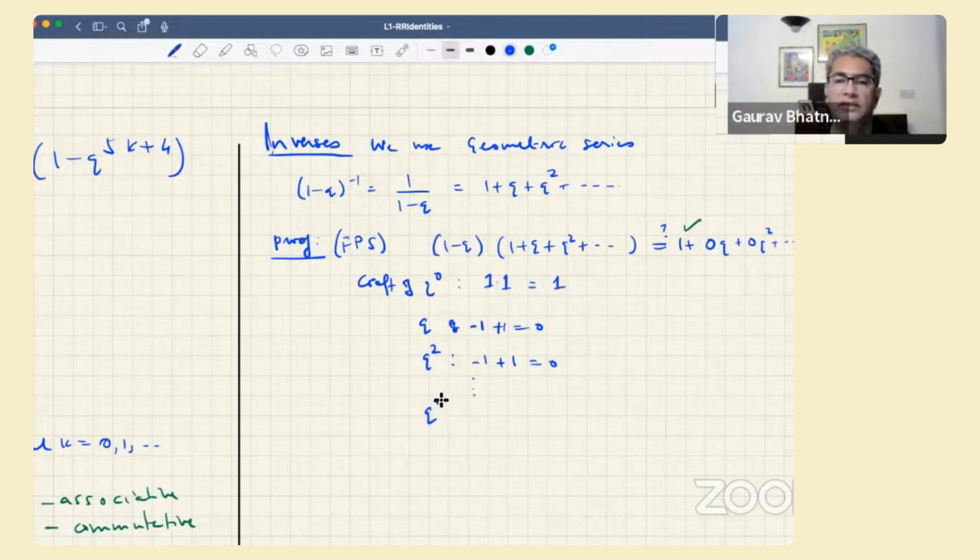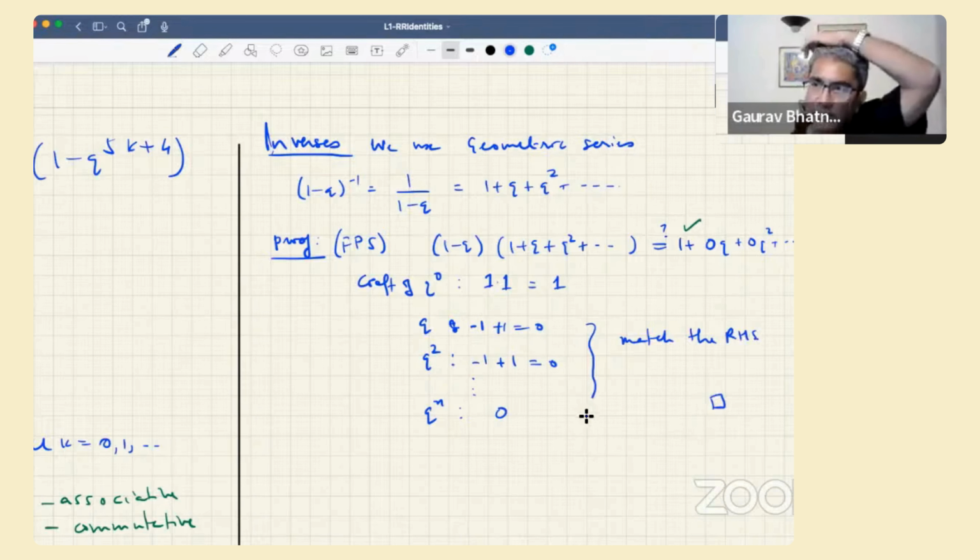So you can see that the coefficient of q to the n is 0, and this matches on both sides. These all match the right hand side. So that finishes this proof. It's just a simple telescoping argument, but this indicates what one does in formal power series: we compare coefficients. That's it. If some calculation is finite coefficient-wise, then it's fine.